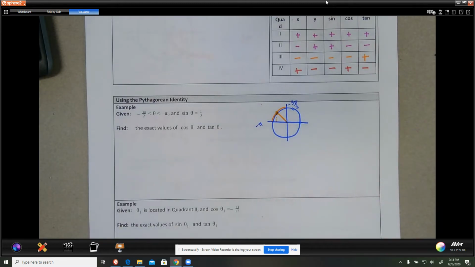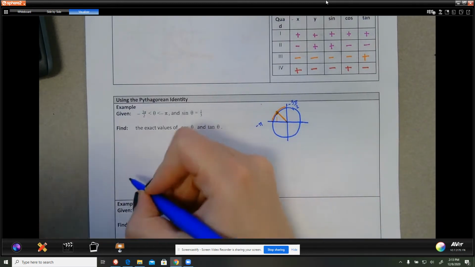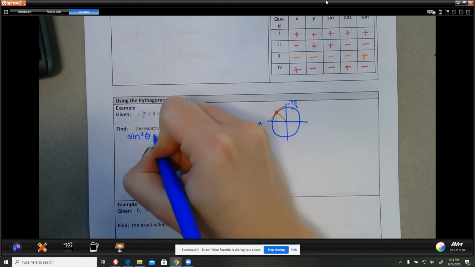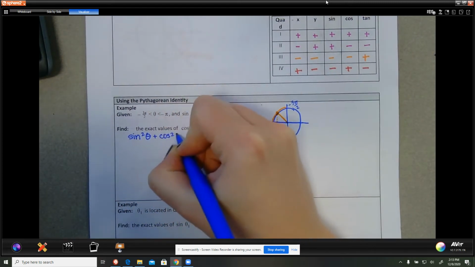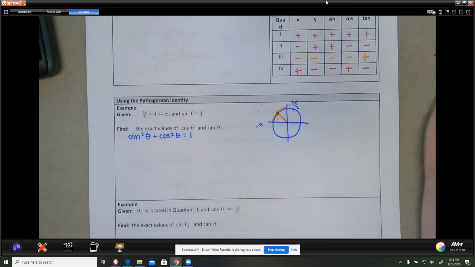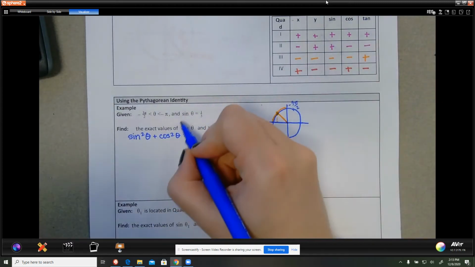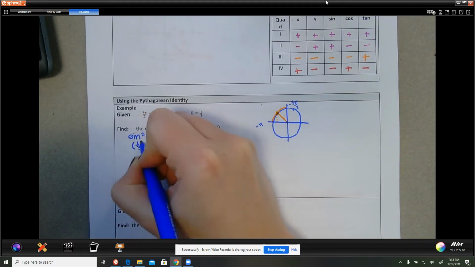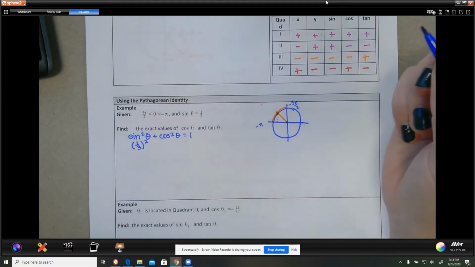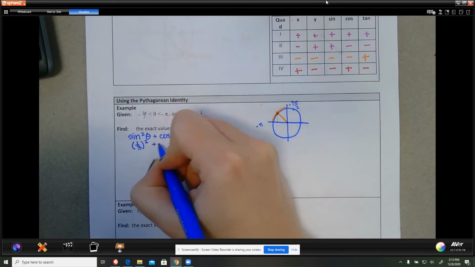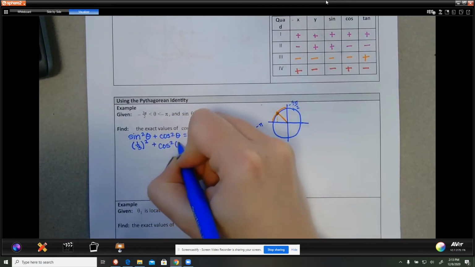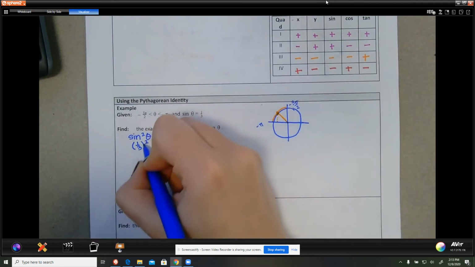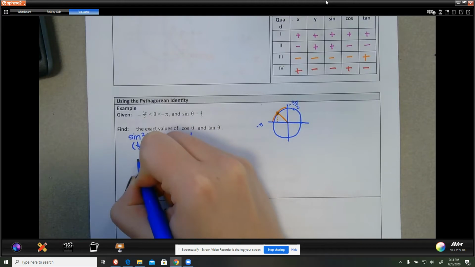So let's find our cosine using the Pythagorean identity. That says sine squared theta plus cosine squared theta is equal to 1. Sine theta is 1/3, so I can say 1/3 squared, and don't forget that squared, plus cosine squared theta is equal to 1. 1/3 squared: 1 squared is 1, 3 squared is 9.